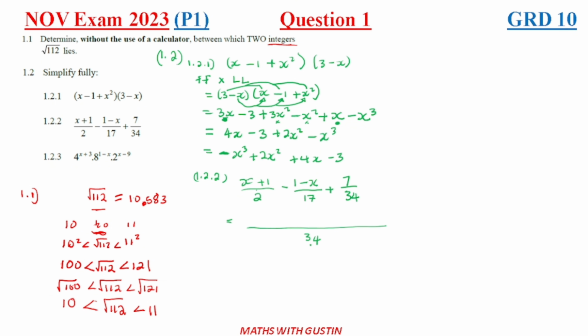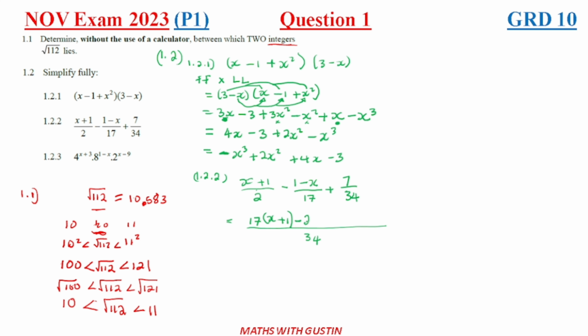2 goes how many times into 34? It goes 17 times. So you are going to say 17, therefore times the numerator, so it's going to be x plus 1. Okay, great stuff. So now we come here, 17 goes how many times into 34? It goes 2 times.